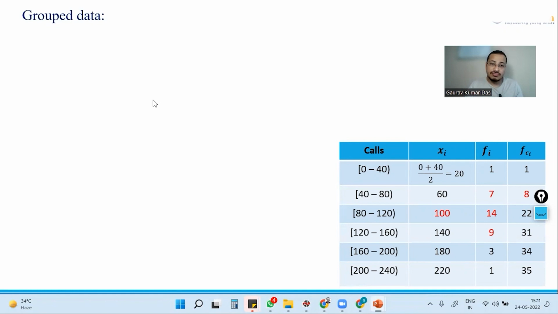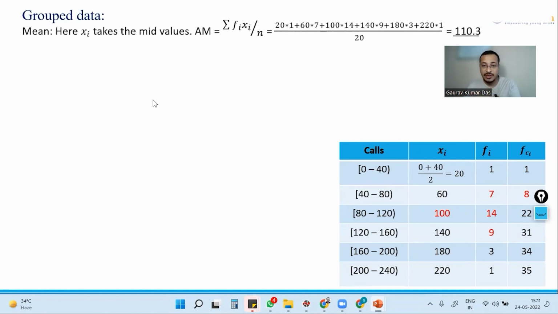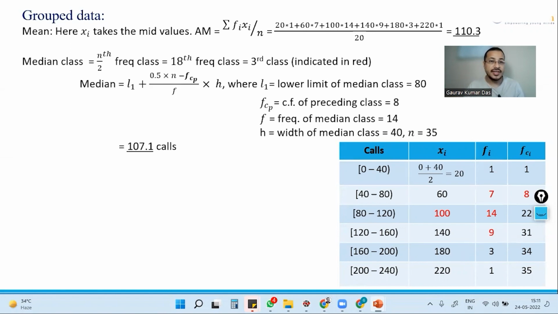Just to give you an example, suppose this is my grouped data, and we already did that. We got an accurate mean value of 110.3, where all these values were lying with this kind of frequency. Then for this grouped data, how would you find out the median class or median value, rather?